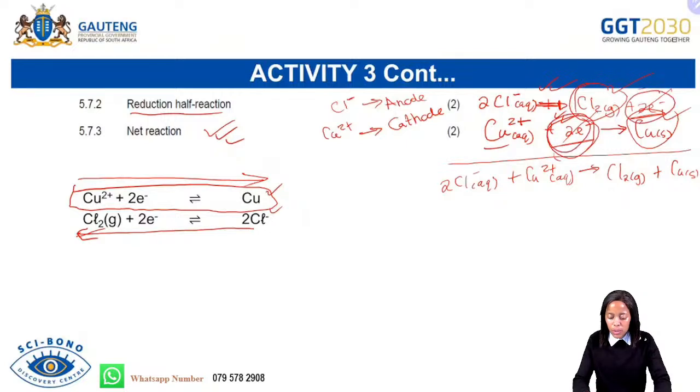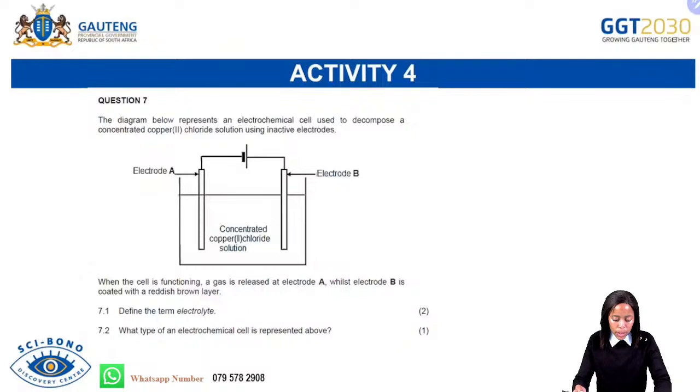But if they are balanced, then you can write whatever you have on the left, so in this case 2Cl⁻(aq) and Cu²⁺(aq), and whatever you have on the right, Cl₂ gas and Cu solid there. Okay.